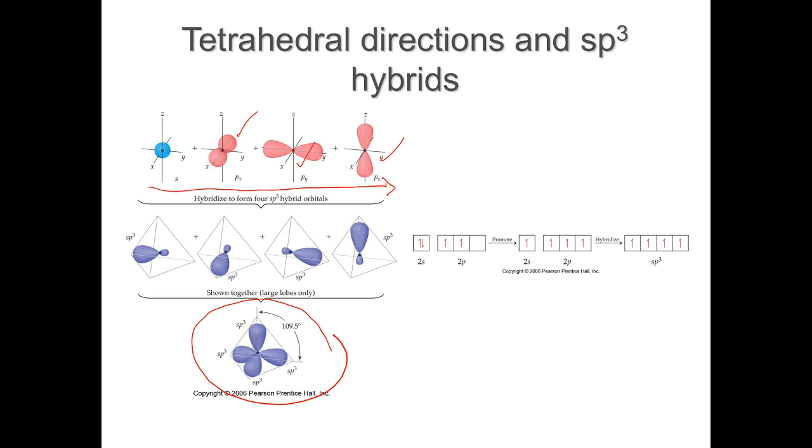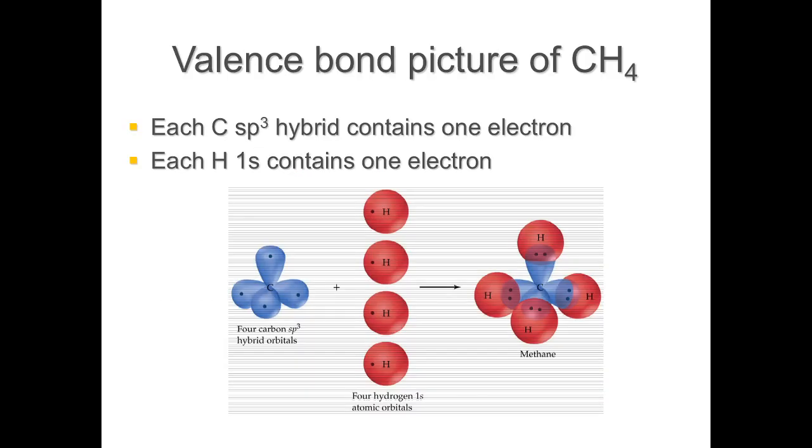So in reality, the sp3 looks like this. So there's a center here, and there's a hybrid orbital there, here, here, and here. Then this is now 109.5, 109.5, 109.5 throughout.